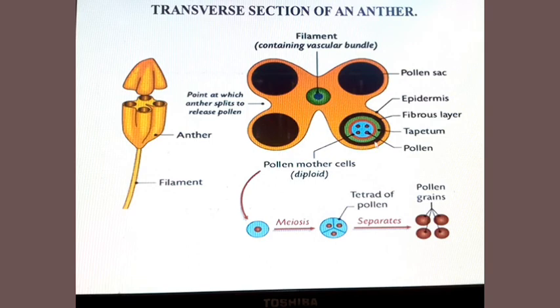Within the pollen mother cell we have the pollen grains, those individual round structures, which are 4. And within there we find a tapetum. There is a fibrous layer and the outer wall of the anther head called the epidermis. So generally, when you are requested to describe the structure of an anther head, you simply draw this.